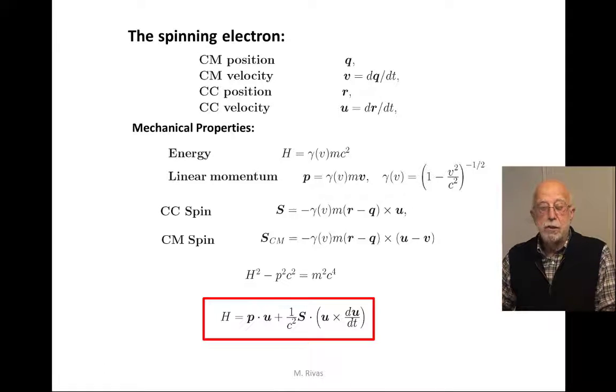When we quantize this model, H will be replaced by the time derivative operator, P by the gradient operator, so that in the quantum case, this relationship, acting on a wave function of the electron, will produce a first-order partial differential equation system.